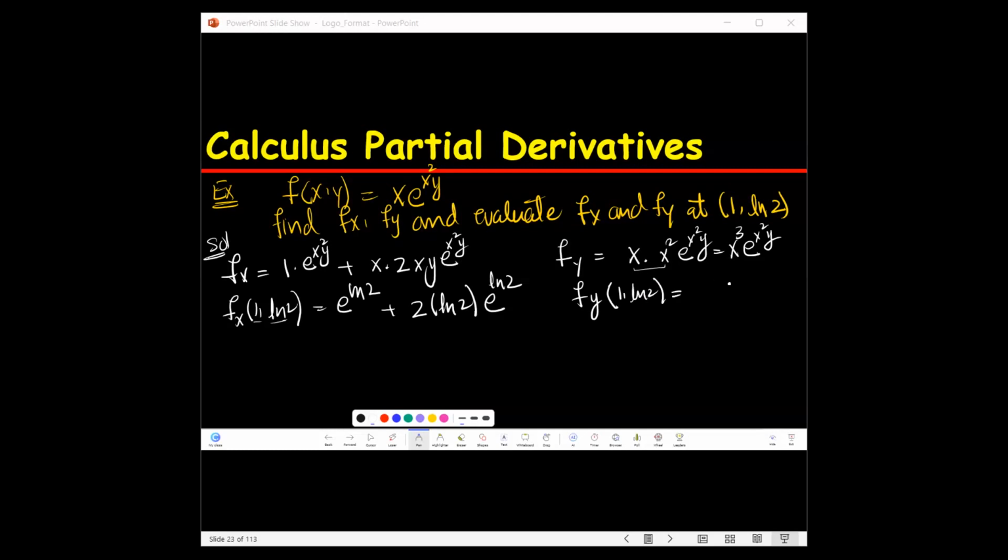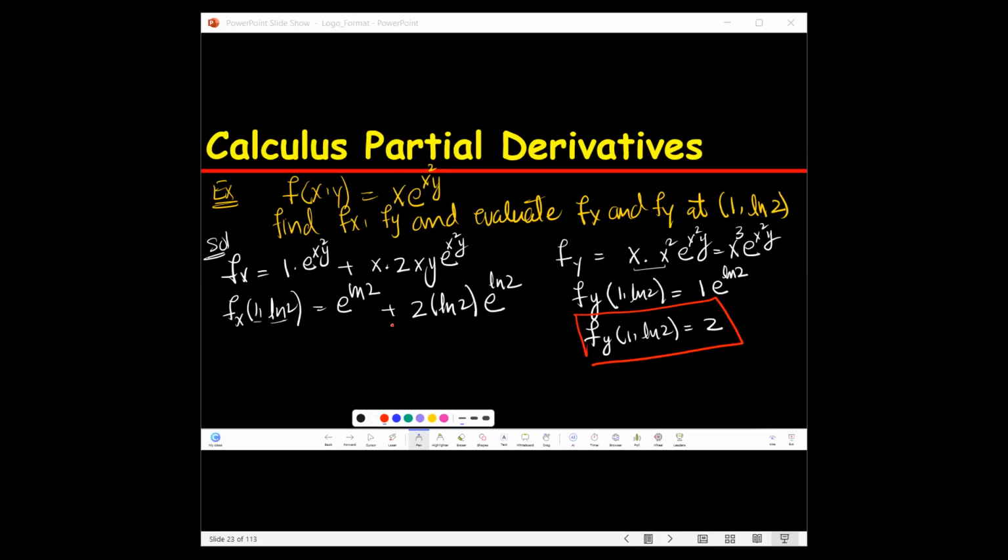So this is equal to 1 times e to the power ln 2, and e to the power ln 2 means 2. So my answers are this one.